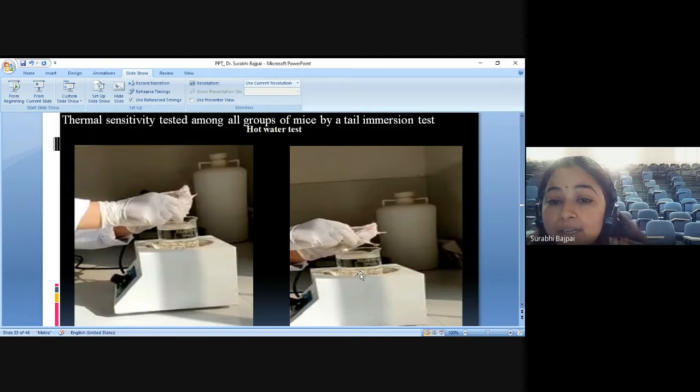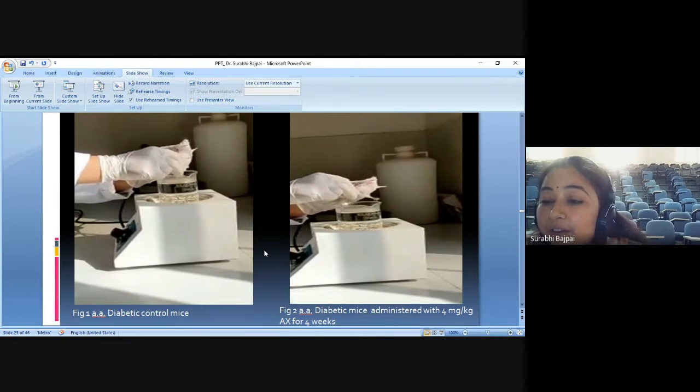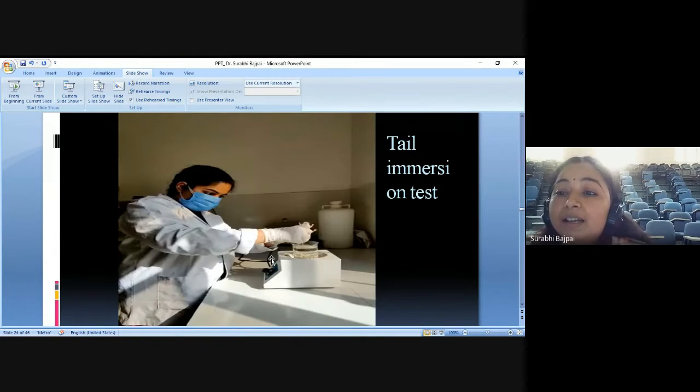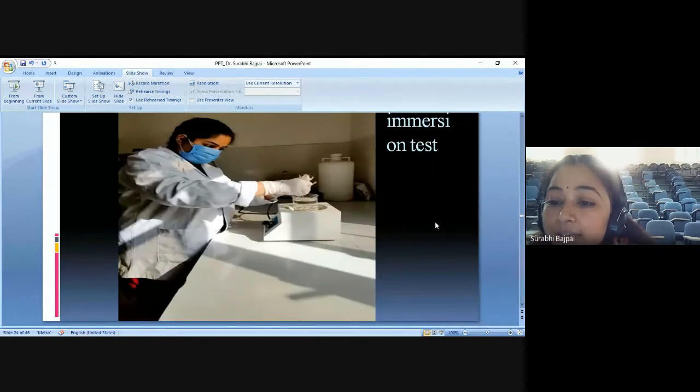As you can see, the left mouse represents the diabetic control, and the right one represents the diabetic mouse administered a high dose of astaxanthin. You can see the abrupt sensory response has come back in this mouse, and the tail immersion test was successful. Then we can also see this test in a short movie.